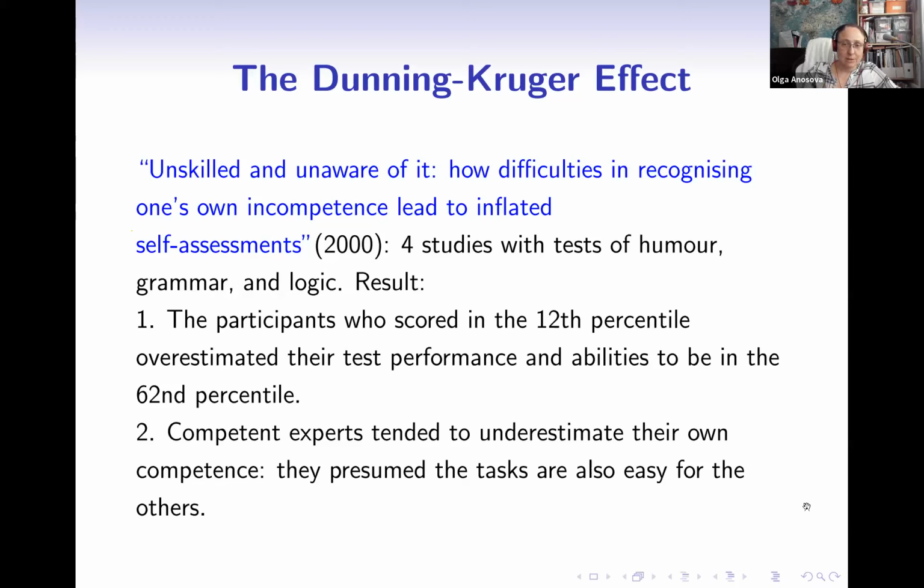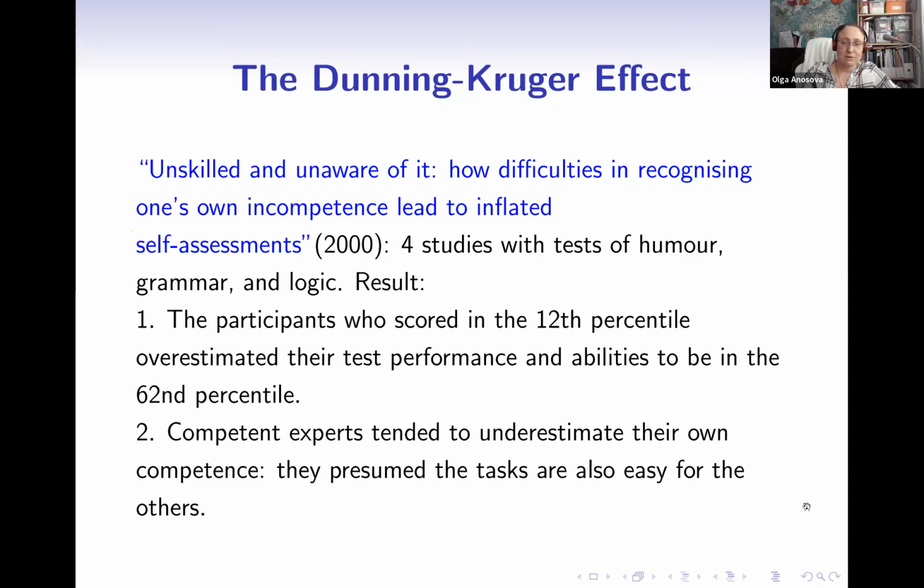The participants who scored in the 12th percentile, which means quite low in the range, always overestimated their performance, and universally predicted their abilities to be in the 62nd percentile, so quite a bit higher.